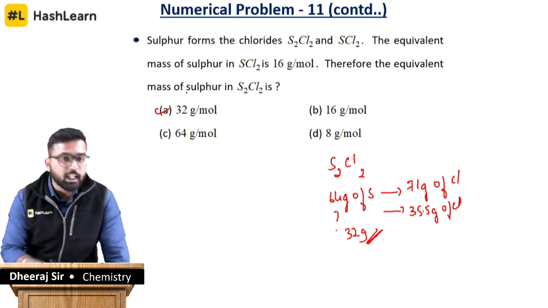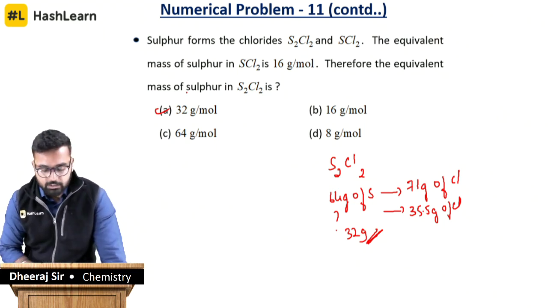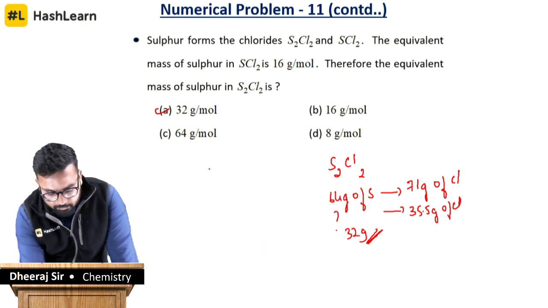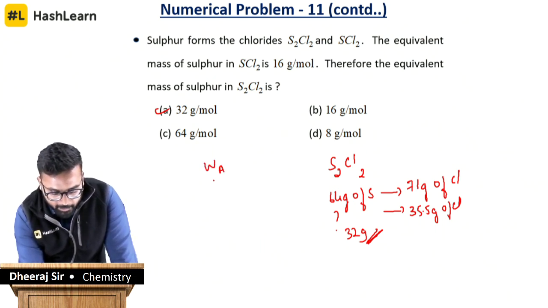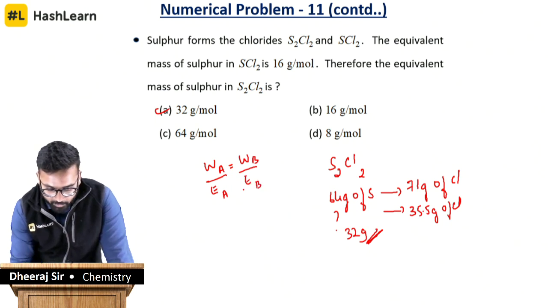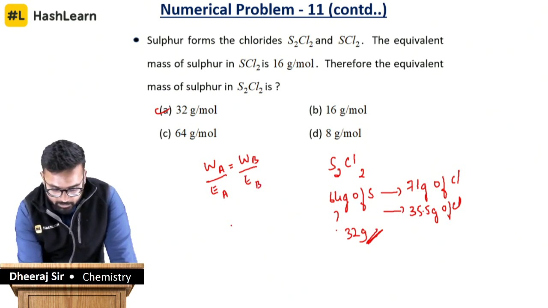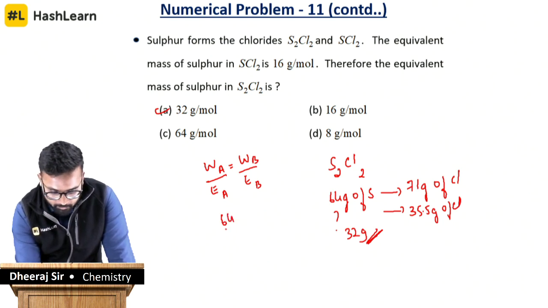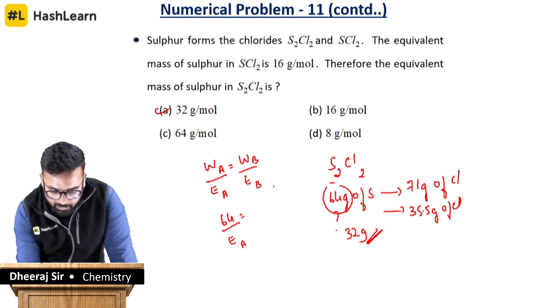This calculation goes by the definition of equivalent mass. If you want to know the formula, there's a very famous formula. Weight of one element divided by equivalent weight of that element is equal to weight of the other element divided by the equivalent weight of that other element. Substituting, 64 grams divided by the equivalent weight of sulfur, which I'm intending to find, equals the weight of the other element, chlorine, 71 grams, divided by the equivalent weight of chlorine, 35.5.